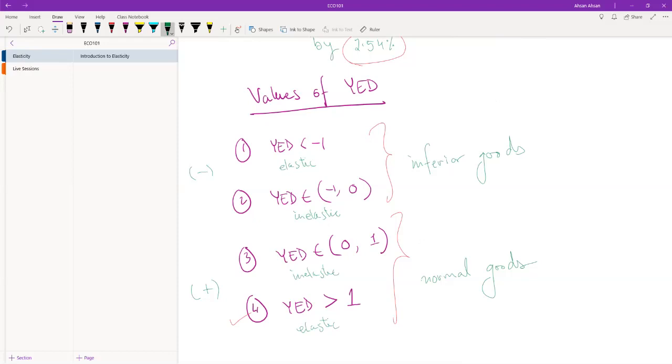I'm going to leave it up to you guys. Think about it, not for 20 seconds. Spend at least a few minutes until you figure out why 1 and 4 are elastic, and 2 and 3 are inelastic. And then if you don't understand, you can go and ask your instructor during one of the live sessions that you're going to have. But before that, please think about it and try to figure out why. Okay.